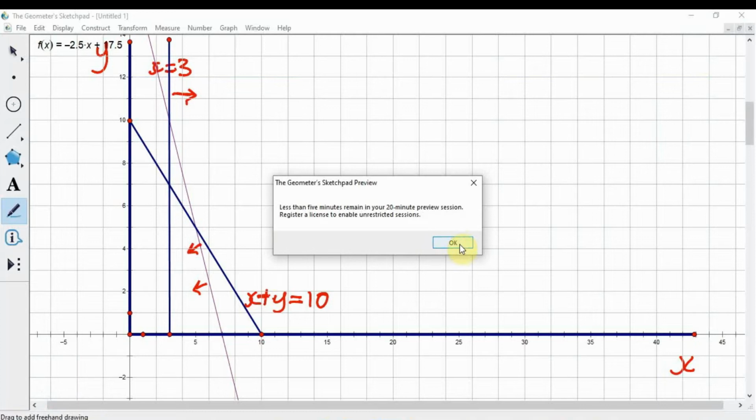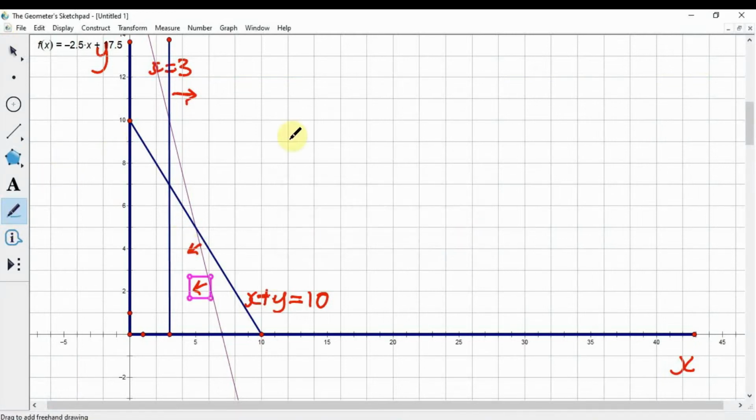So let's go ahead and do that. That would be this line right here, the x-axis, y equal to 0. And if you're greater than it, you're above the line. You are above this line.